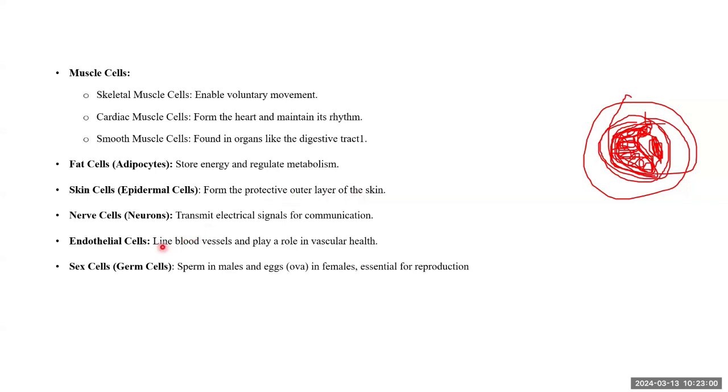Then the next category is nerve cells, neurons. They are present in our nervous system, in our brain, in our spinal cord, in all the nerves throughout the body. They transmit electric signals to form the communication because this is the main electricity wiring of our body.